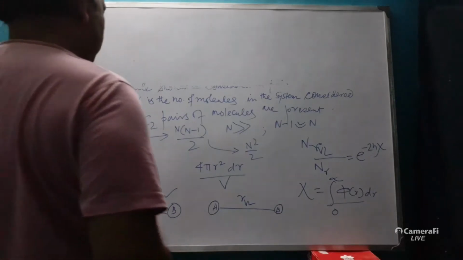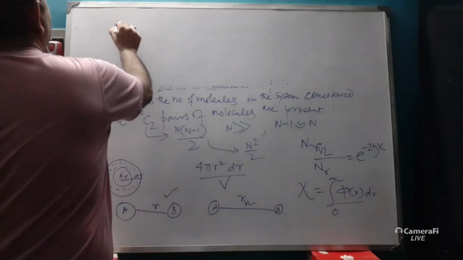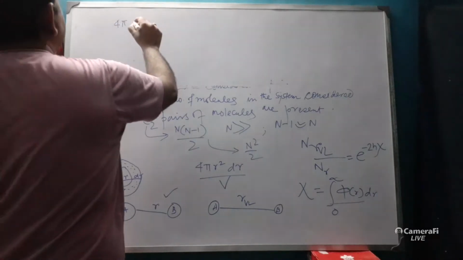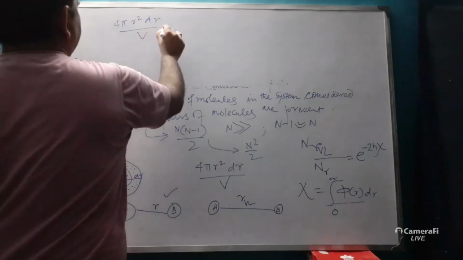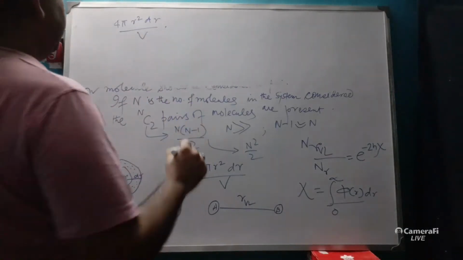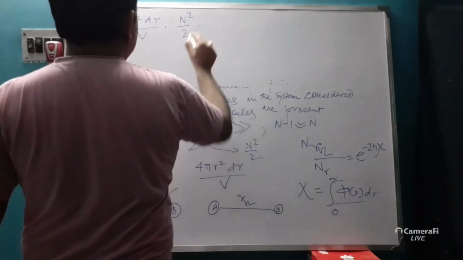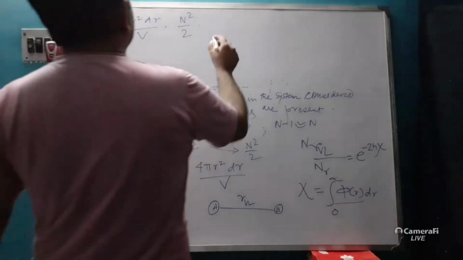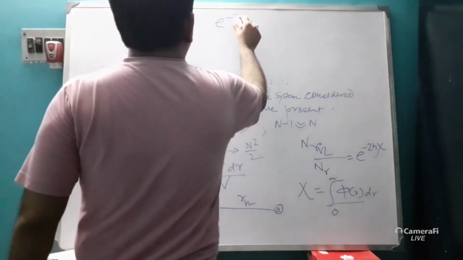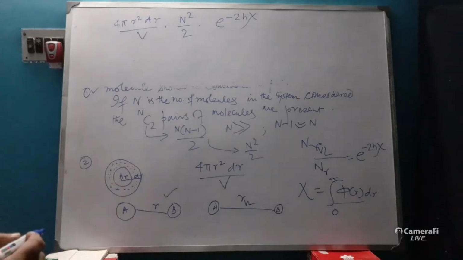So by multiplying all these three conditions, we get 4 pi r square dr by v multiplied by n square by 2 multiplied by e to the power minus 2h chi. So this is what we have.